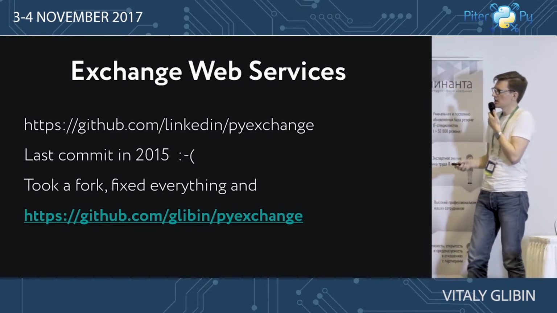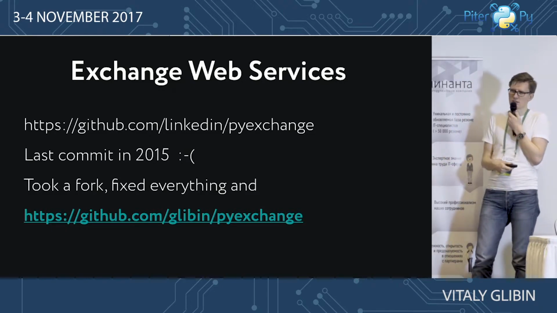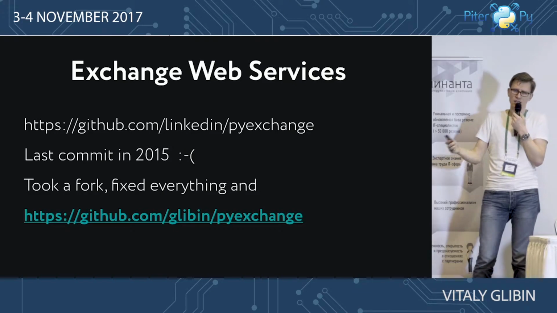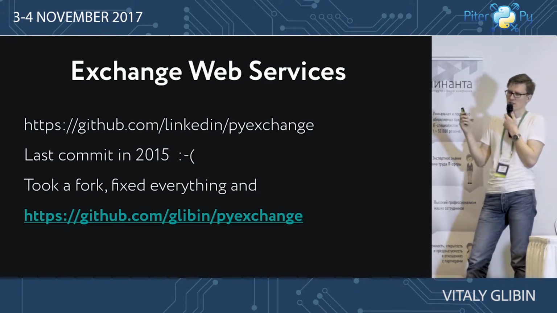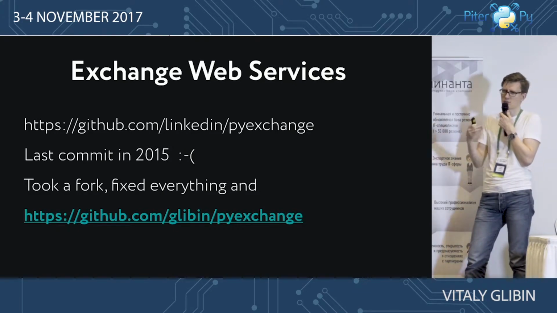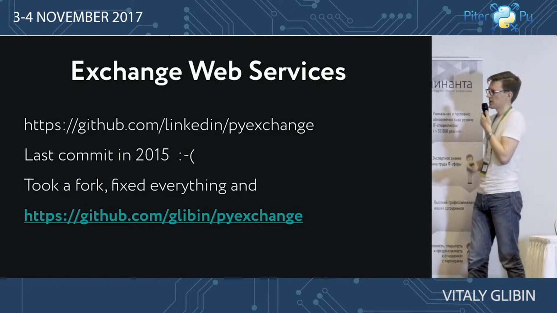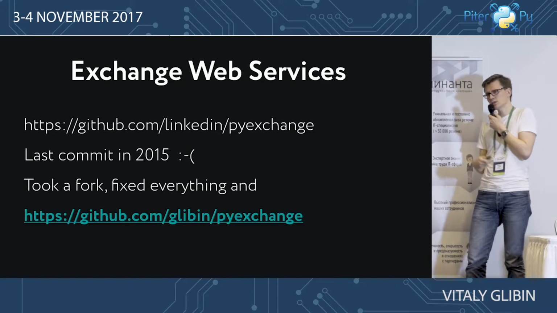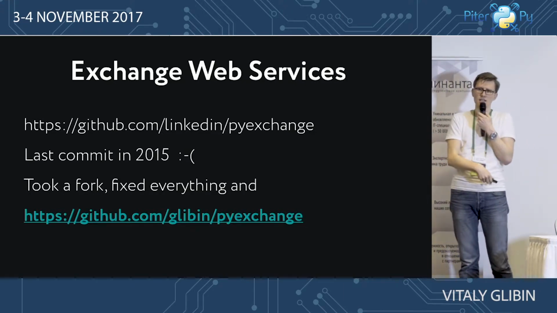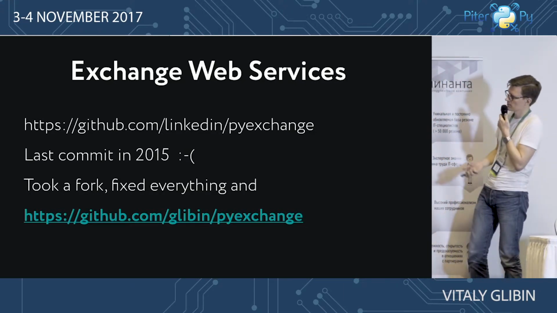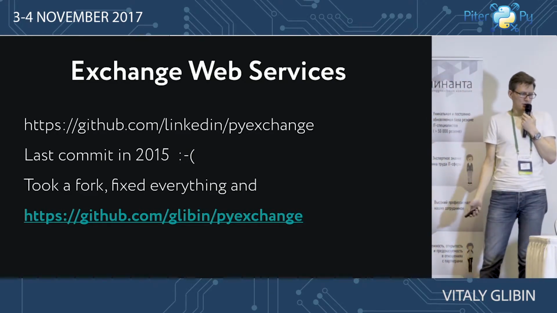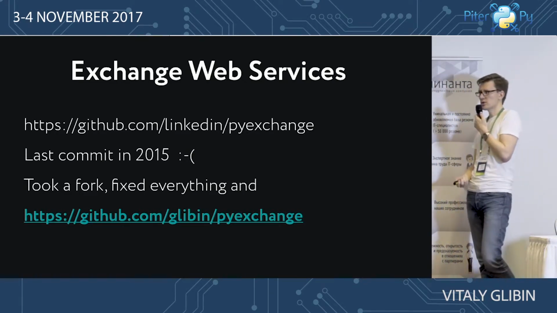And in fact, the protocol there is quite simple. It's a normal SOAP. So basically, every functionality supported by EWS can be done by us, and then everything will work. And that's why we found a more or less good fork. Then we adjusted it and adapted it to our uses.